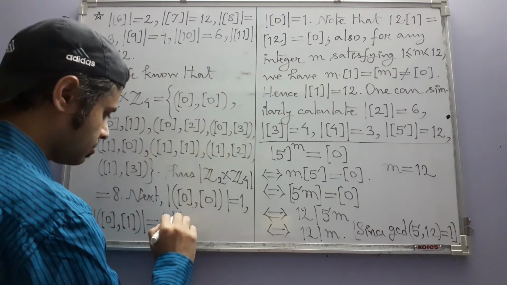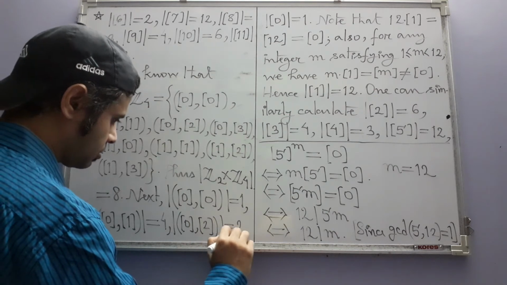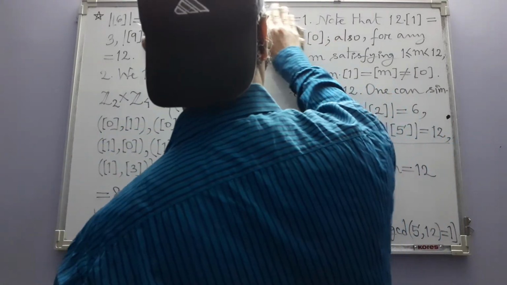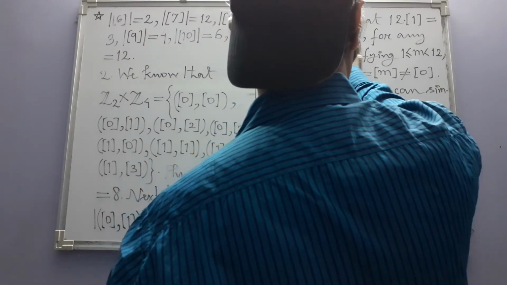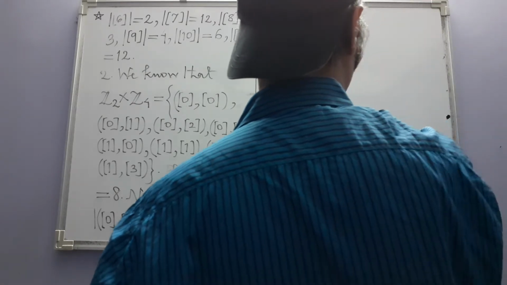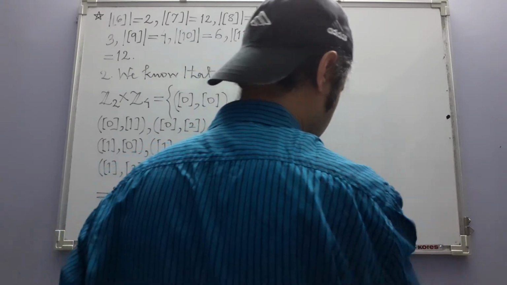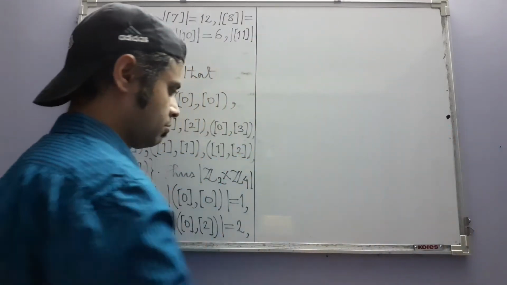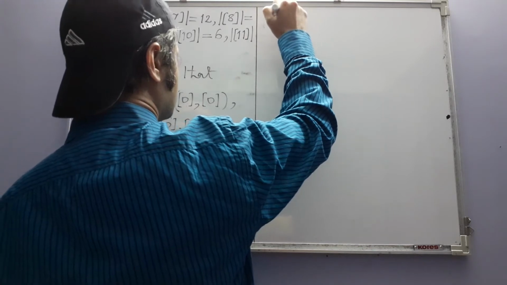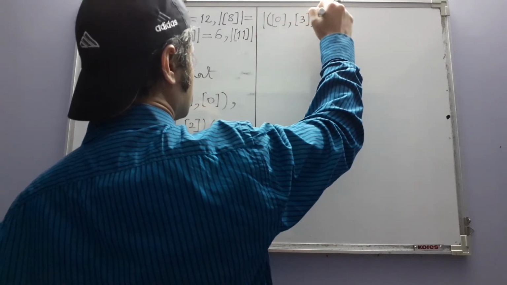Next, (0, 2), its order is 2. Next, (0, 3).